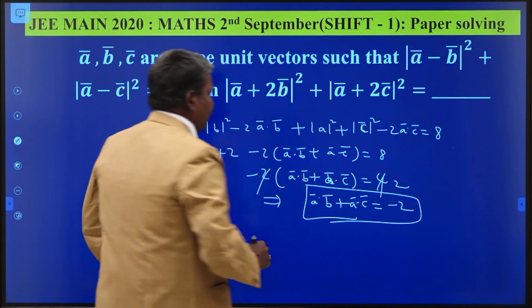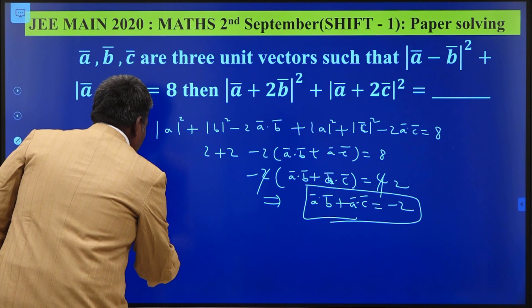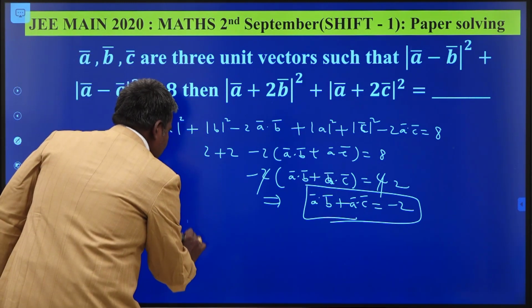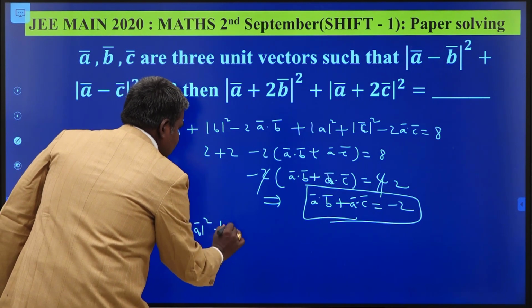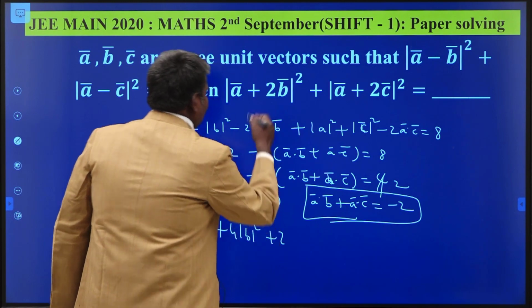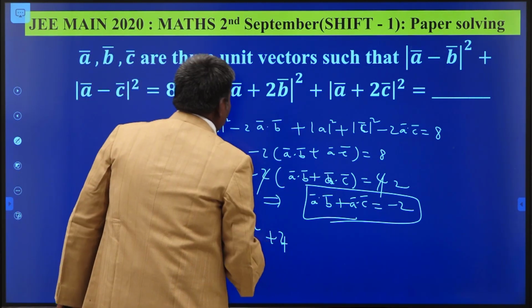Keep the result on one side and consider this value. What is the value after expanding? The required value is equal to modulus of a bar square plus 4 times modulus of b bar square plus 2 times 2 a bar dot 2 b bar, that is 4 times a bar dot b bar.